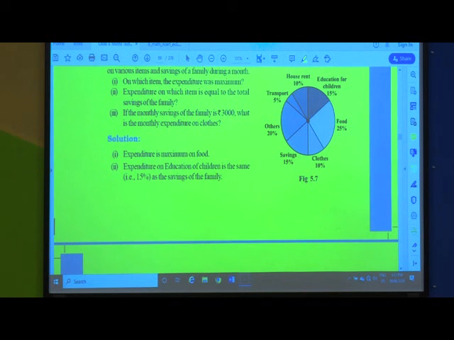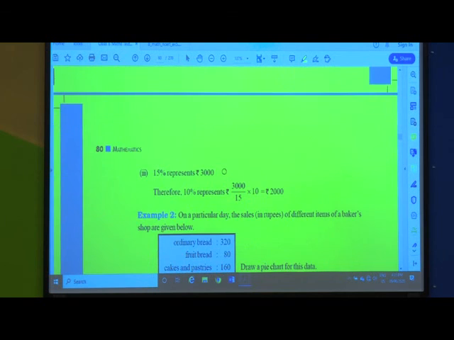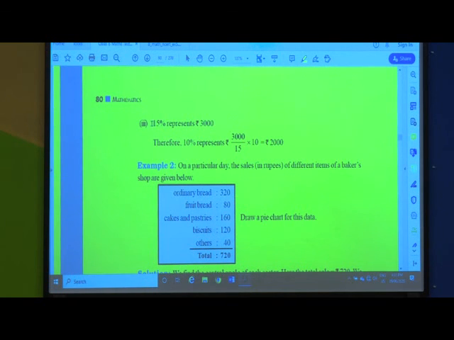Let us come to the third thing. 15% represents rupees 3000. Then how much does 10% represent? Therefore 10% represents 3000 upon 15 into 10.